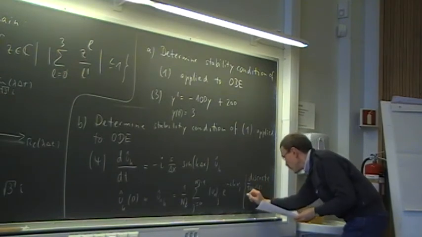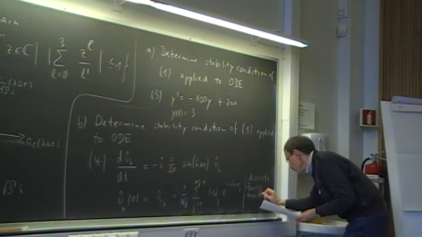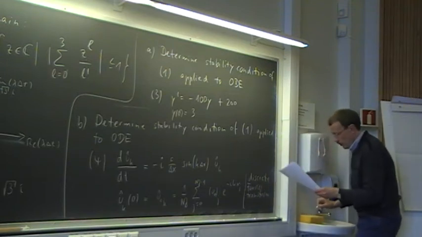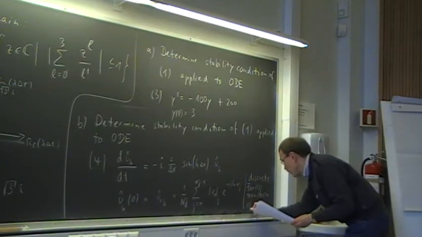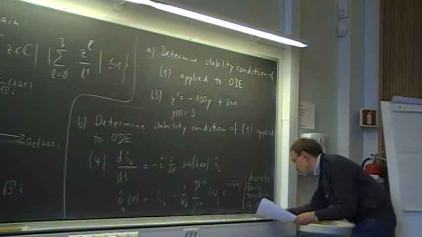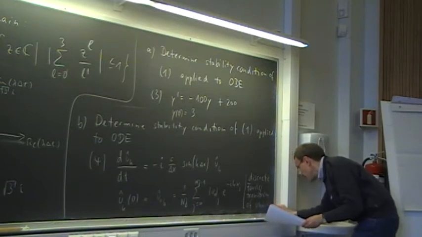Discrete Fourier transform of the initial condition of u of x0 is 0.